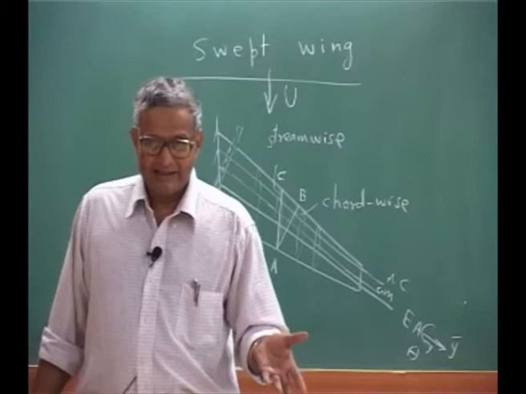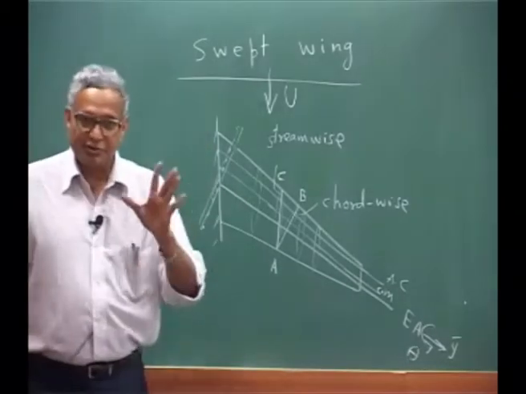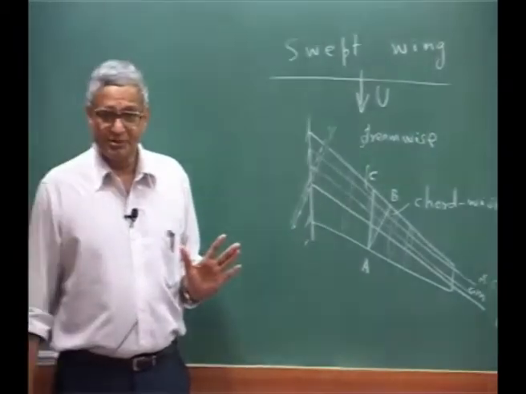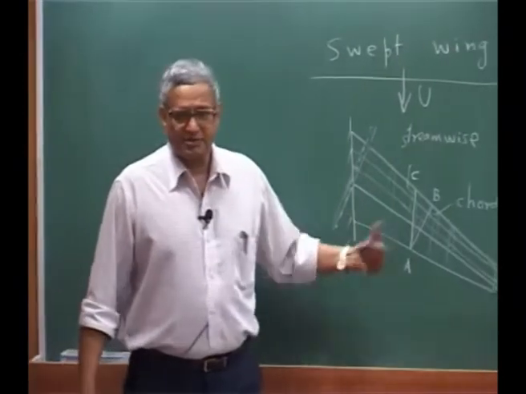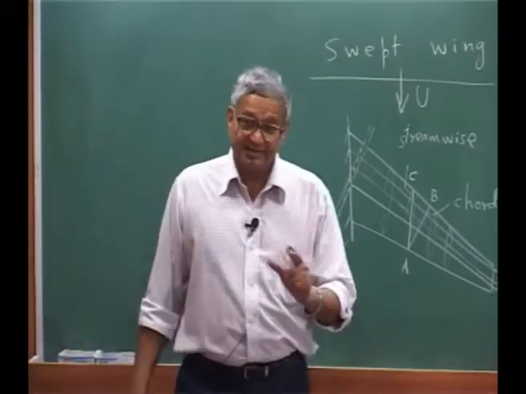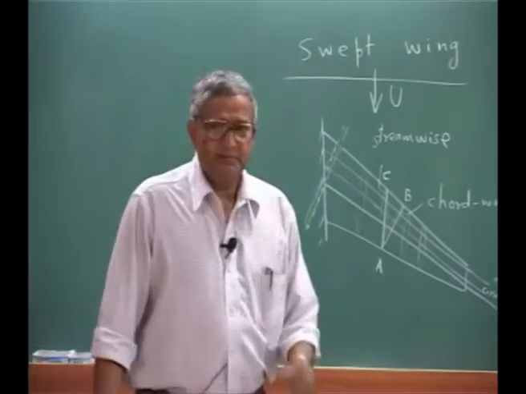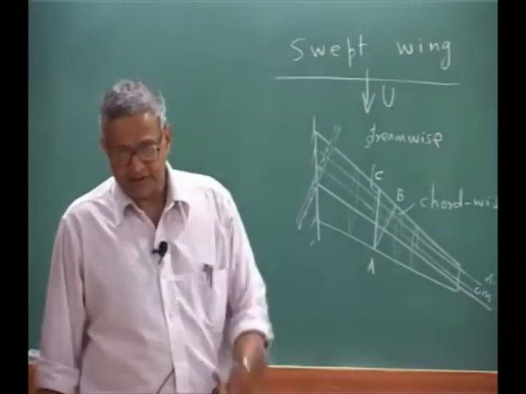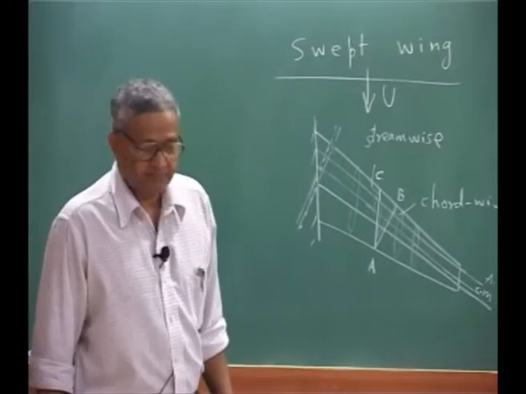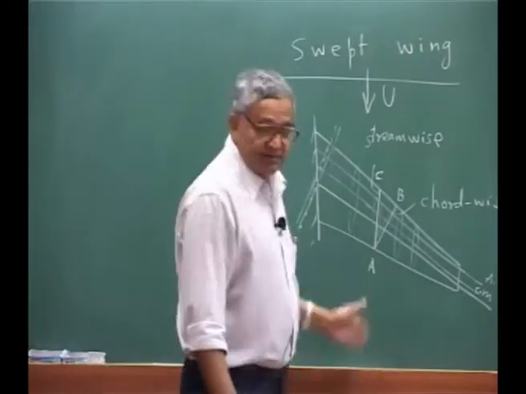Then you may ask which one is right. Right? Essentially, this is all approximate method only. Okay? Chordwise is more approximate. Chordwise you will find how we couple. That is a very interesting way of coupling. But streamwise is a little bit better, I would say. Okay? So you can take streamwise formulation.